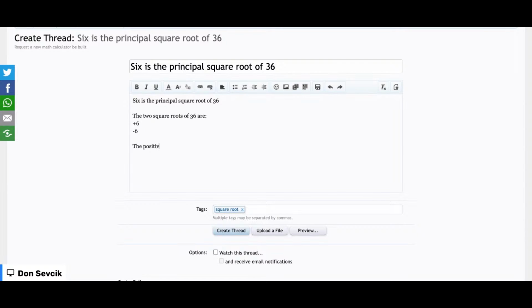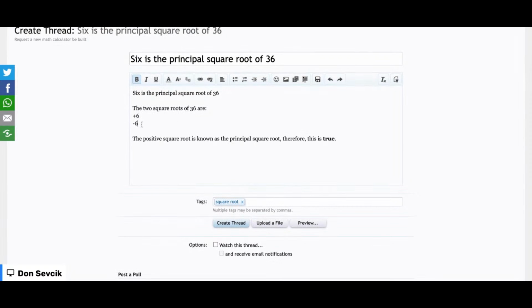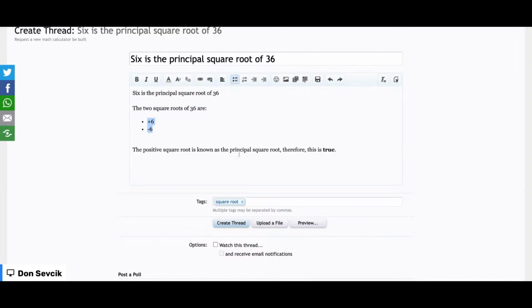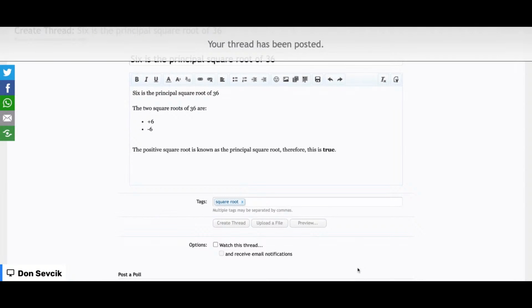The positive square root is known as the principal square root. Therefore, this is true. What I think is the student and parent just wanted some reassurance that 6 was the principal square root of 36, and they are correct. So that one's done.